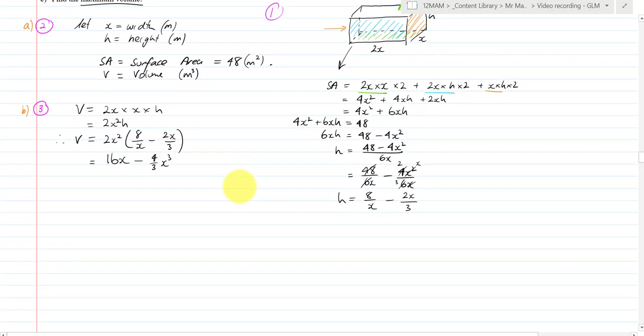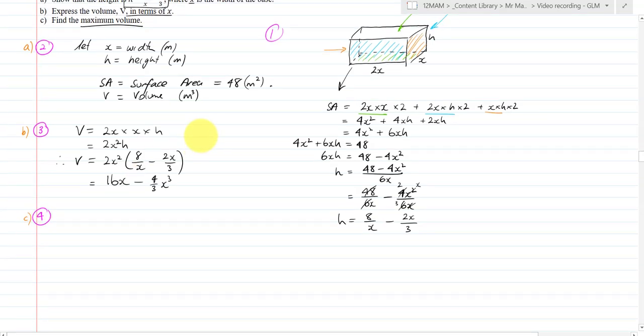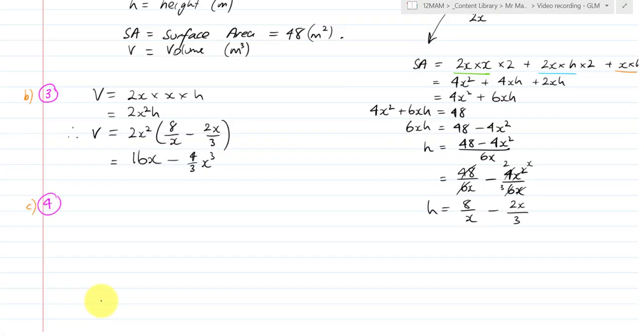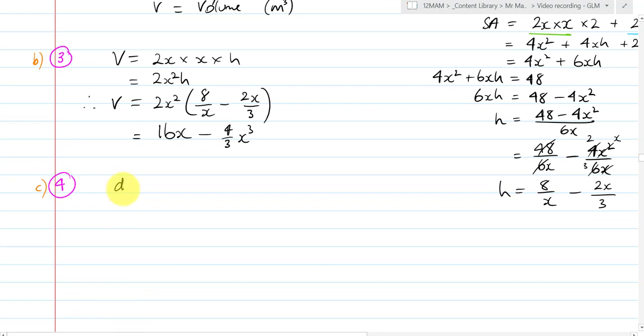Which is nice because then in step 4, which just so also happens to be the start of part C, because we've now done part B, find the maximum volume. This is where we now bring in this calculus. dV/dx is equal to 16 minus 4x squared, because the 3 and the 3 here cancel out.